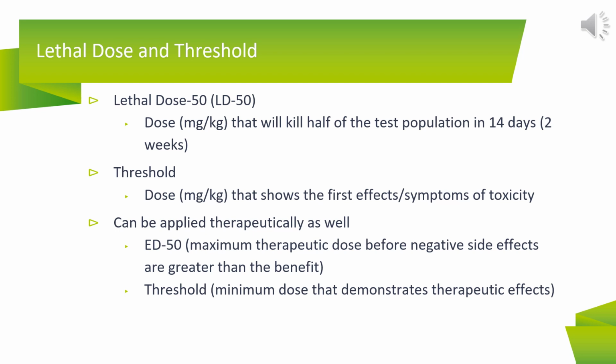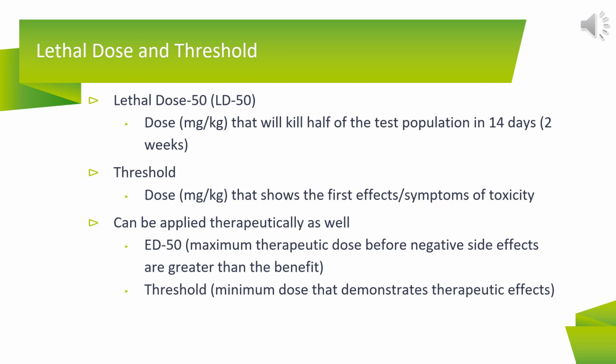And the LD50 is the dose in milligrams per kilogram of body weight that will kill half of your test population in 14 days, or 2 weeks. Most commonly when we understand lethal doses, we are using analog animals. Specifically, we're looking at lab rats, and in some cases, dogs, monkeys.